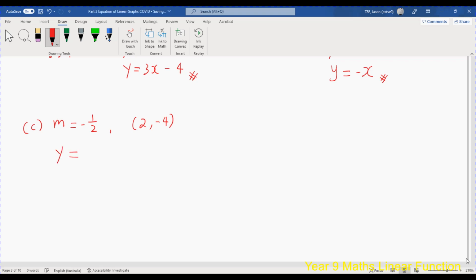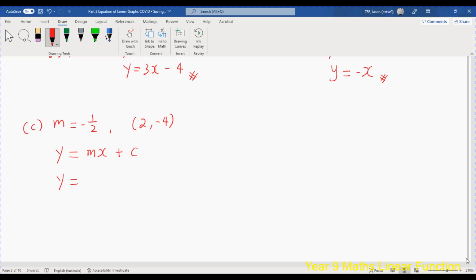You should still use the slope-intercept form as much as possible, but then you should substitute as much as you can.